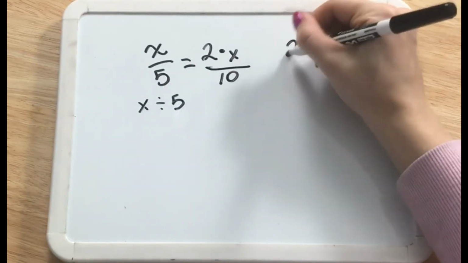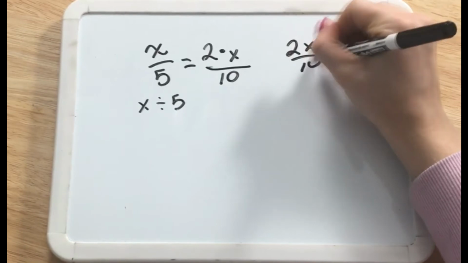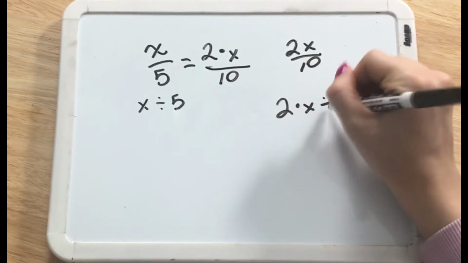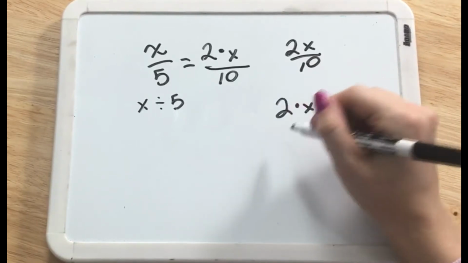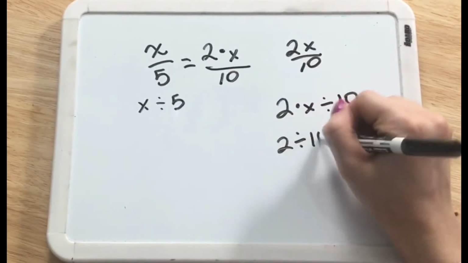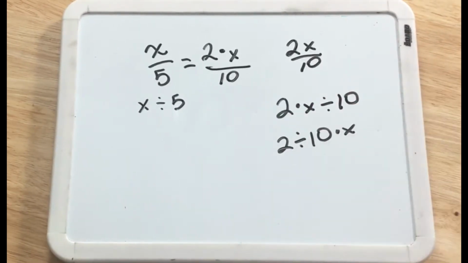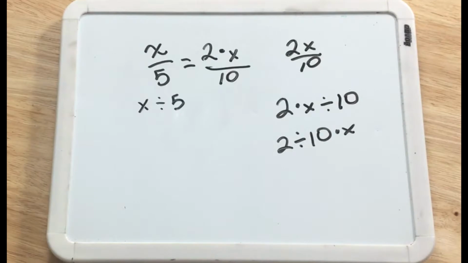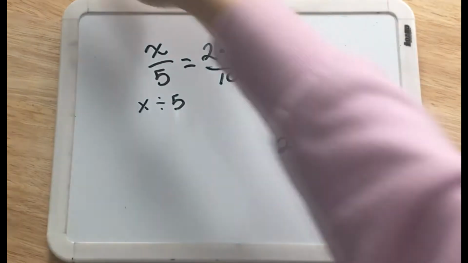You can write 2x divided by 10, or 2 times x divided by 10. You can even do 2 divided by 10 times x. It doesn't matter what order you do it in, as long as you multiply by 2 and divide by 10. Same thing with the multiplying, it doesn't matter the order.